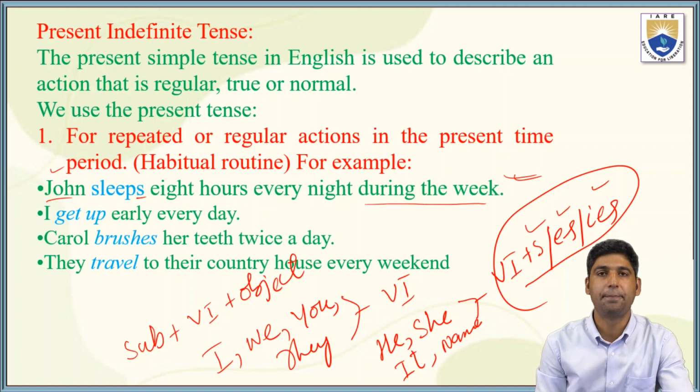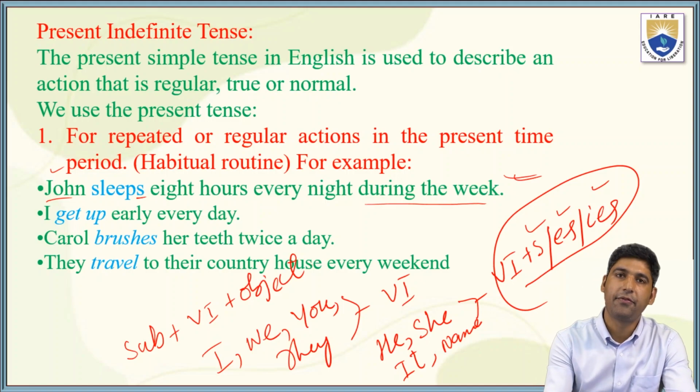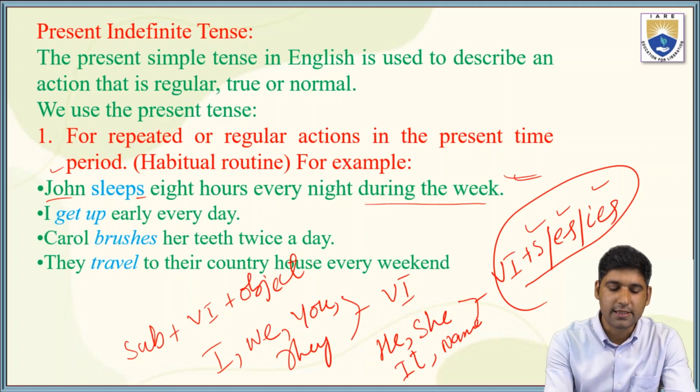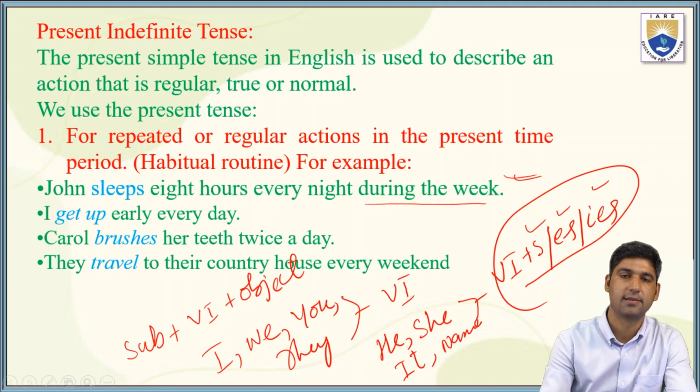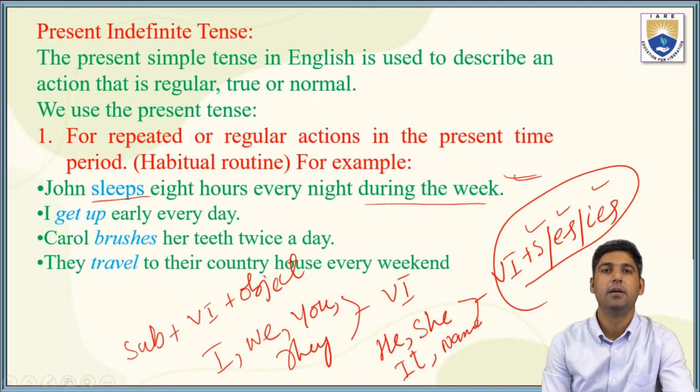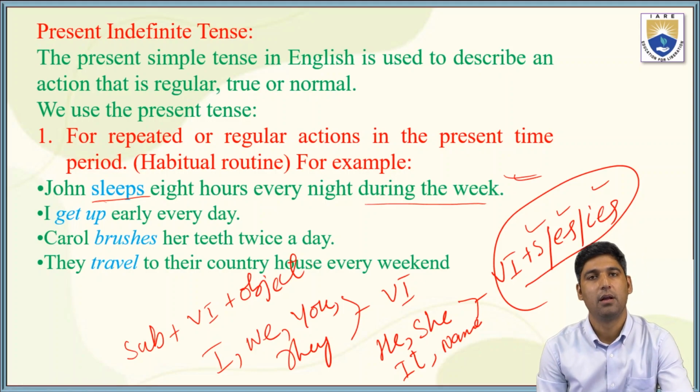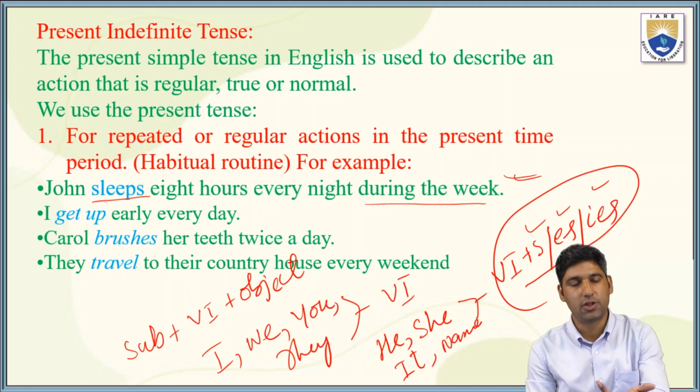I wrote here sleeps because this is present indefinite tense, and present indefinite tense demands when the subject is third person, verb demands s, es or ies. That's why the verb is sleeps. That's why it is not sleep, not slept, not sleeping. So John sleeps, it shows the same.